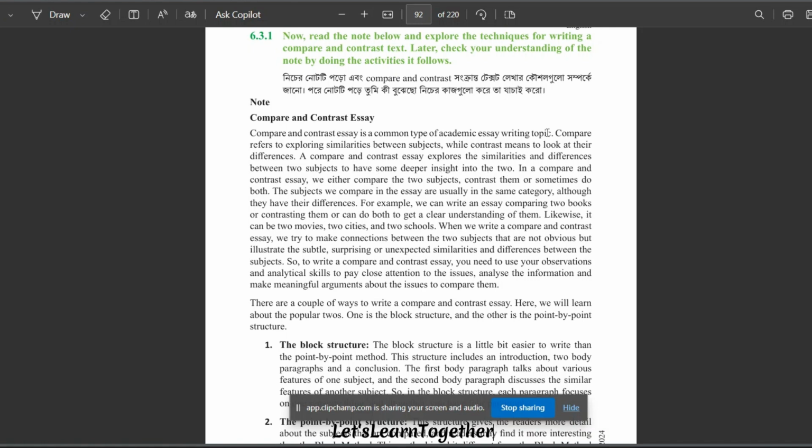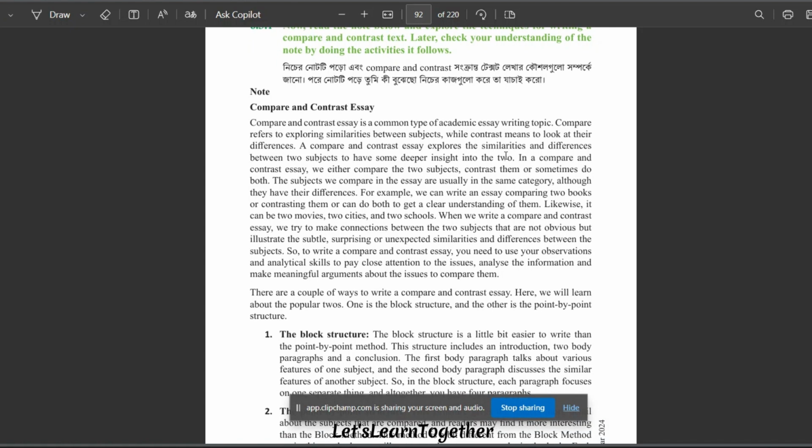Okay, so look, a compare and contrast essay is a type of academic essay where we will compare different aspects of a specific topic. We will be talking about the similarities and differences of two topics or more than two topics, right? It can be about only similarities or only differences as well, and it can be about both as well.